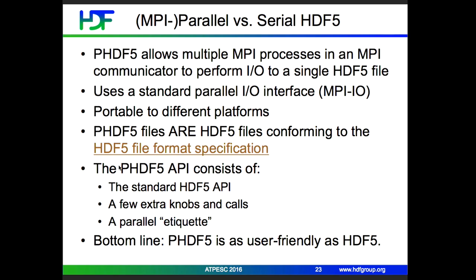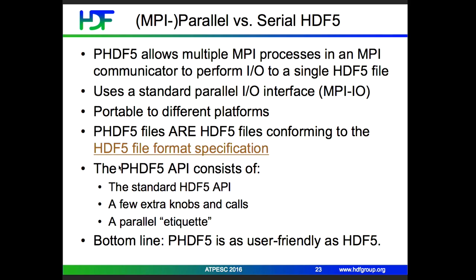Now let's compare parallel and serial HDF5. At the most basic level of understanding, it allows multiple MPI processes to perform I/O against a single HDF5 file. It uses, as that definition implies, MPI I/O as its layer, so we don't reinvent parallel I/O in any shape or form, and that's one element of the portability story.